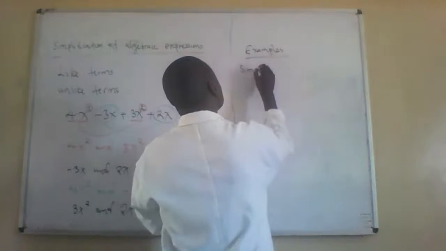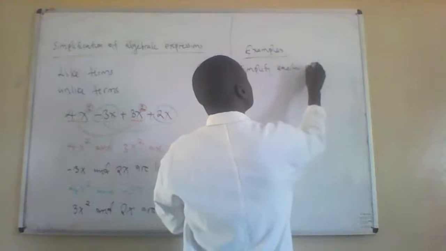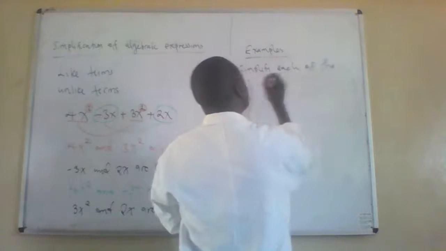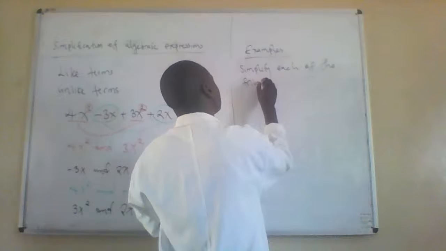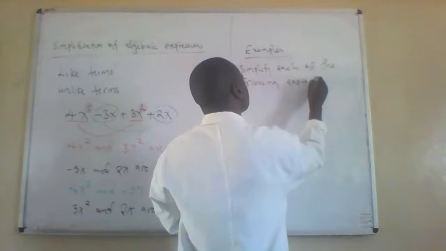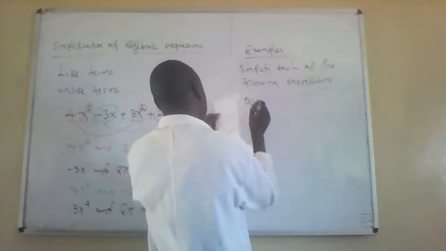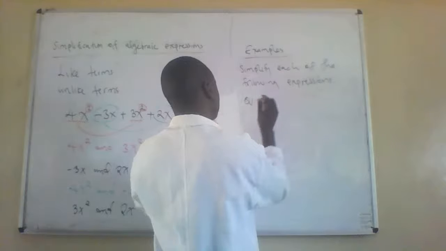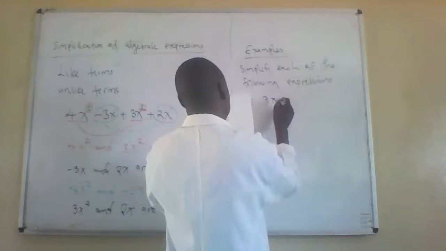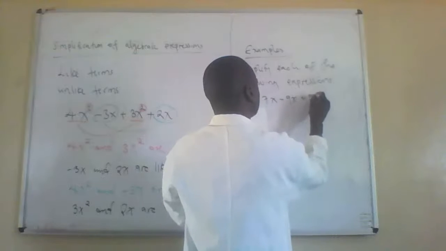Simplify each of the following expressions. What expressions are they? Expression number 1: 7x minus 9x plus 8.